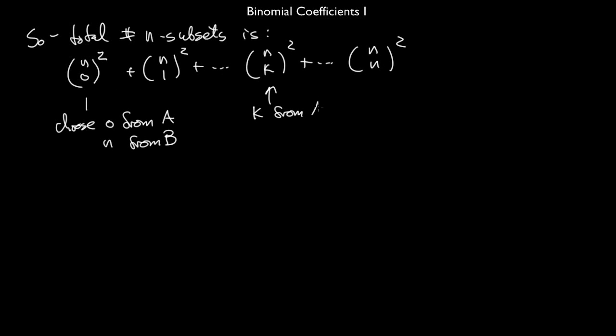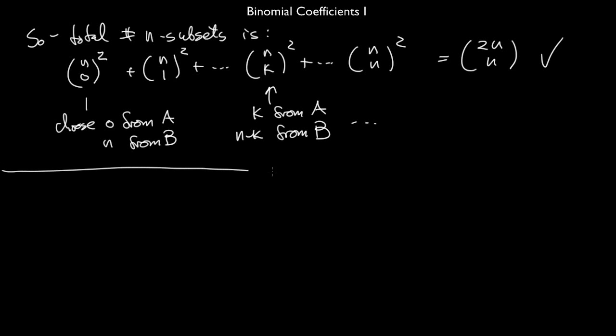So this guy here is the one I just computed, k from A and n minus k from B. So when you add those up, that's all of the possible n-subsets of a 2n set, and that's your 2n choose n. Okay, that's all for that.